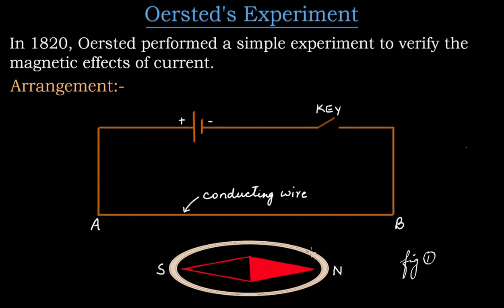This is a simple diagram of a compass needle. It doesn't exactly look like this, but just to give you the idea. Inside this compass needle, there is a small magnet, where the red side is the north pole of the magnet and the black side is the south pole.